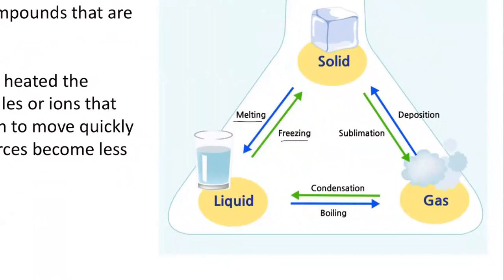If solid turns into a gas, that's called sublimation. If your gas gets turned into a solid, that is deposition. We can also have changes from liquids to gas, and when that happens, that's called boiling. And if a gas turns into a liquid, that is condensation.